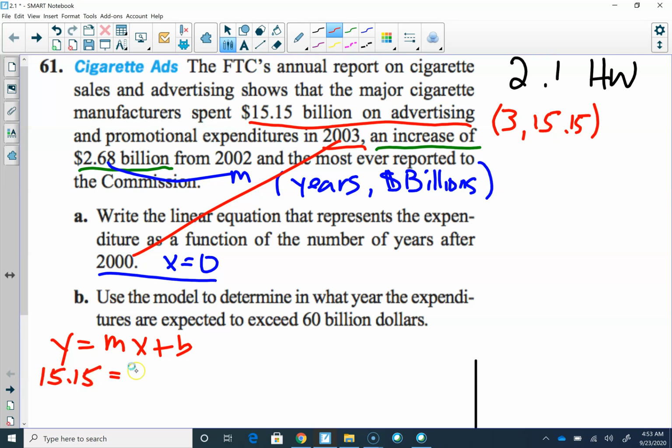I have the m, which is 2.68. And my x is 3, and then plus b.